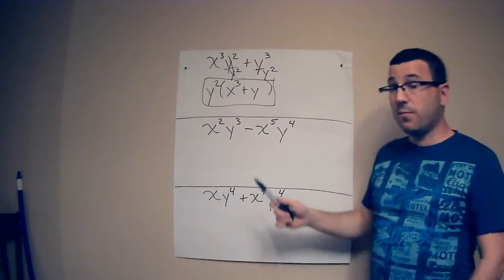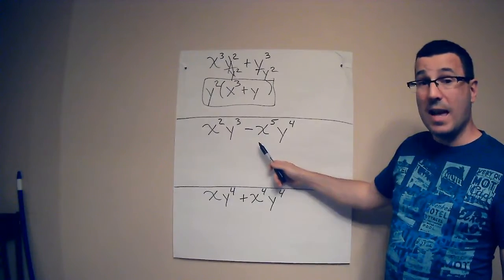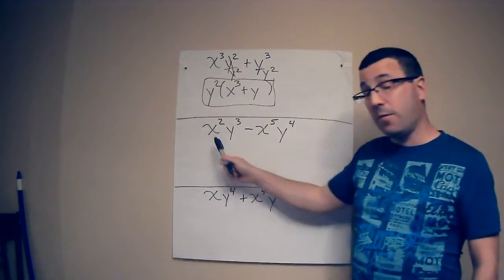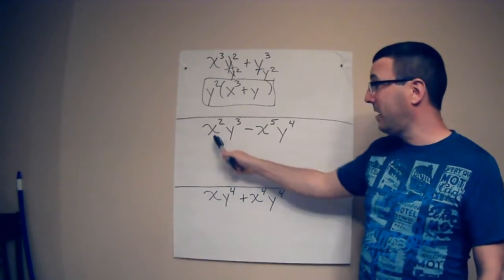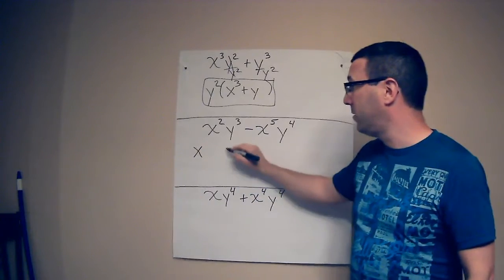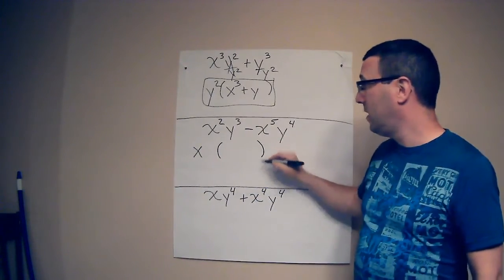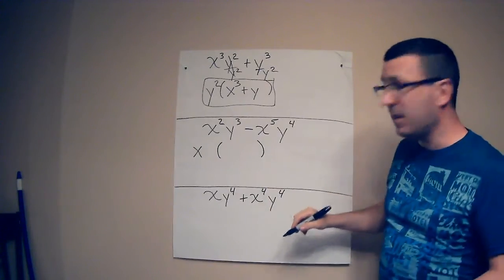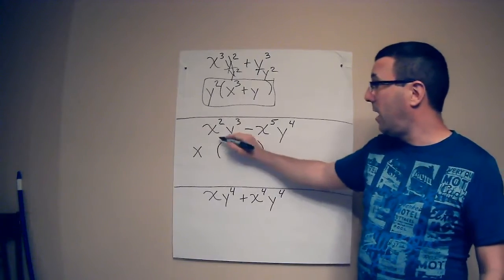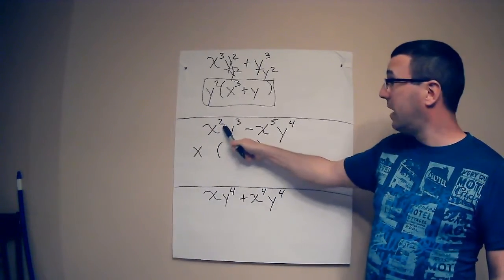The next one, x squared y to the third minus x to the fifth y to the fourth. First thing I'm going to do, I see that I have an x here and I have an x here. So I'm going to put an x on the outside of parentheses with a little bit of space in case I have to put the y there. I feel like I made the parentheses a little too close, but we'll see. So I'm definitely going to divide by x, but I have to look at the exponents.